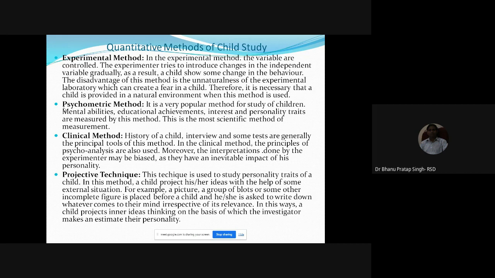And based on the story, the completed story and answers, the investigators make some outcomes and estimate the personality of the child. So these are the quantitative methods of child study. Next.